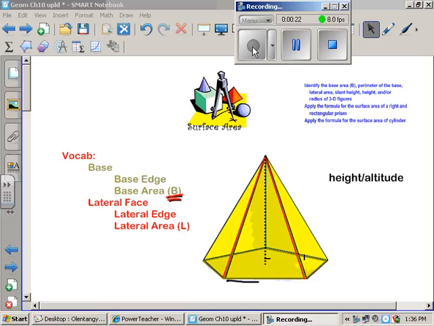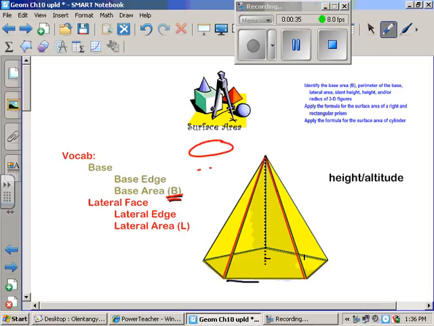Every polyhedron is made up of bases and lateral area. The bases are the flat surfaces. So pyramids have one base, prisms have two, cylinders have two, here and here.